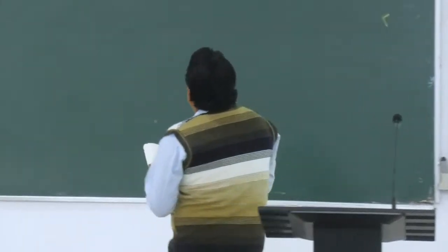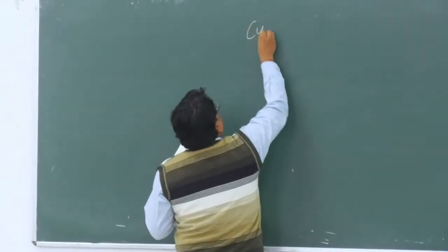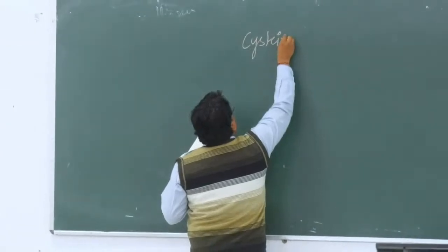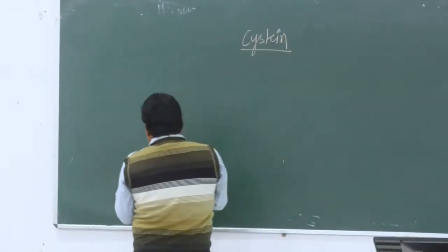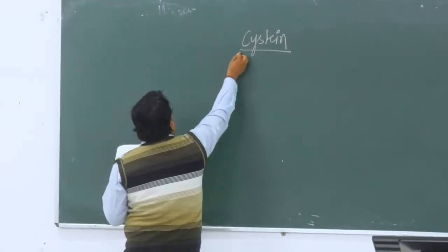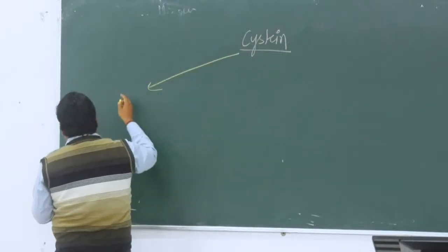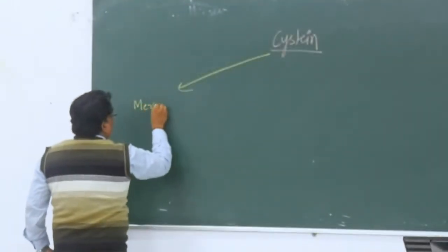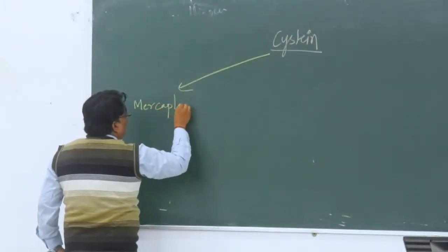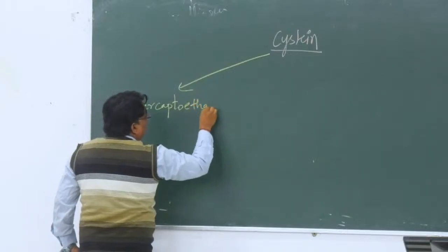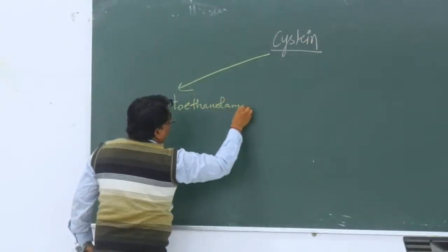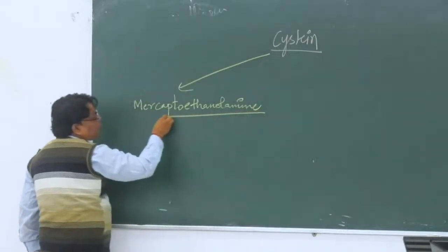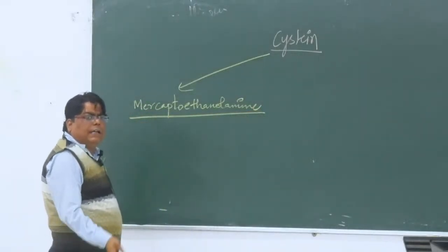Now degradation. This is cysteine. Firstly, it forms mercaptoethanolamine, a secondary product in the degradation.